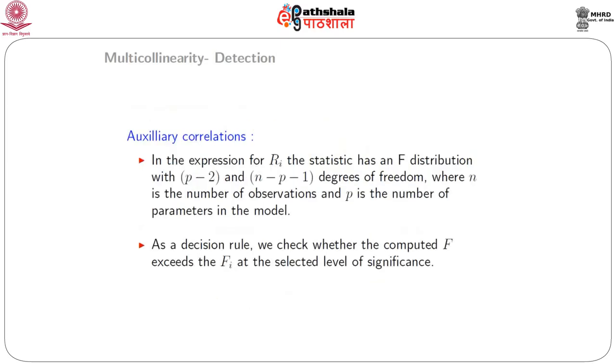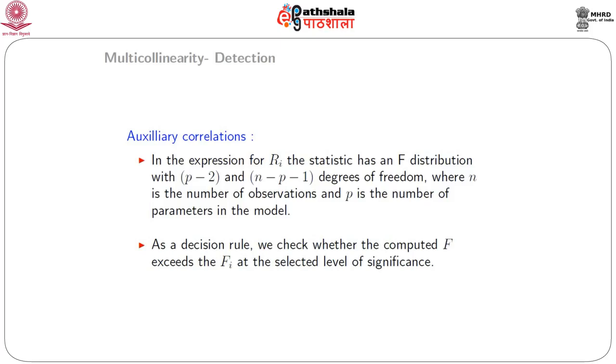So in the expression for Fi, the statistic has an F distribution with degrees of freedom p minus 2 for the numerator and n minus p minus 1 for the denominator, where n is the number of observations and p is the number of parameters used in the fitted model. As a decision rule, we check whether the computed Fi exceeds the critical F at the selected level of significance.